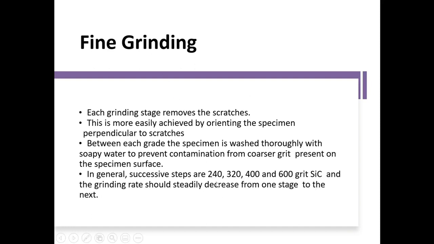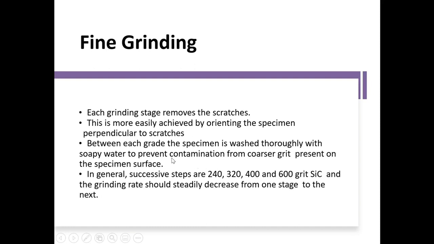In that case, if you are using first 240 and then 320, then the angle of grinding should be perpendicular between 240 and 320. Likewise, between 320 and 400, the angle will be perpendicular, same as for 600.